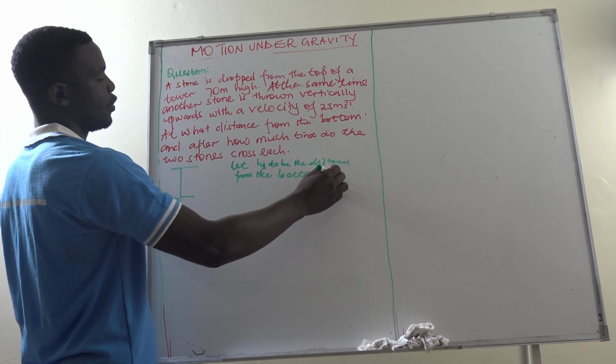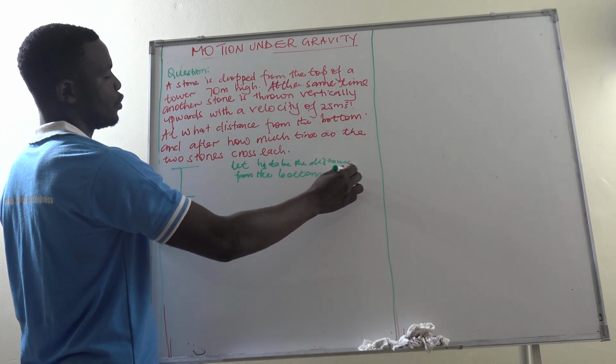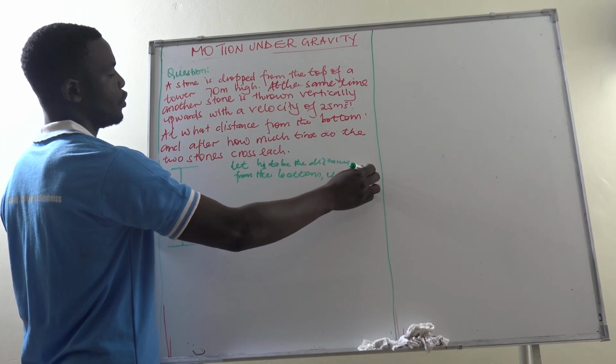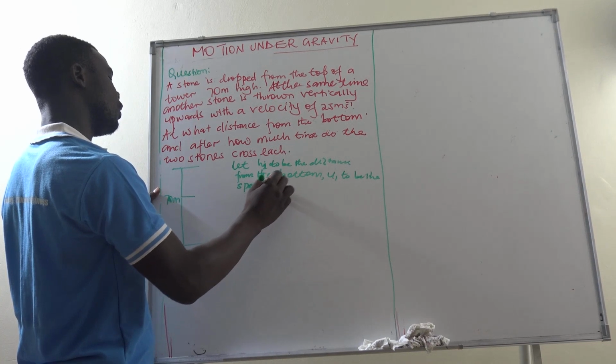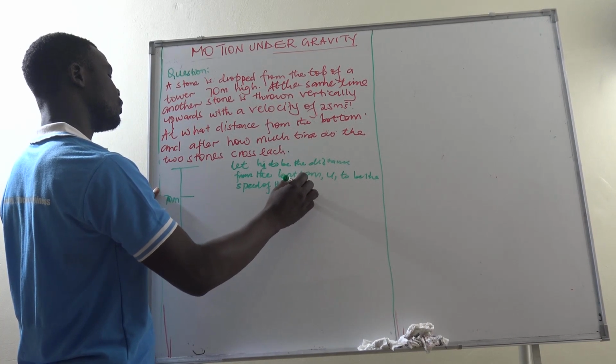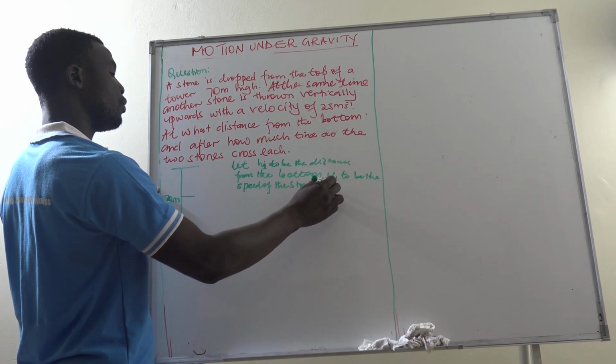And U1 to be the speed of the stone from the bottom.